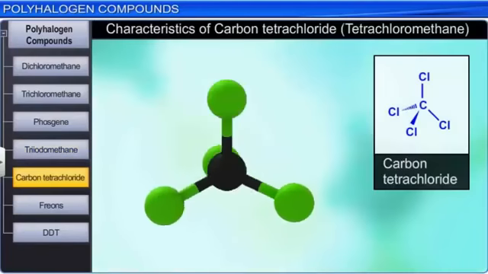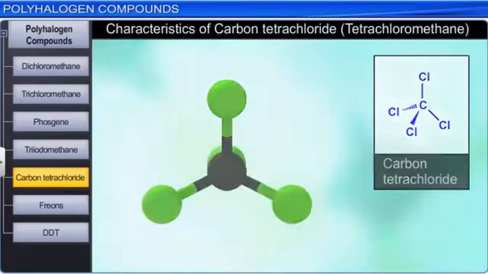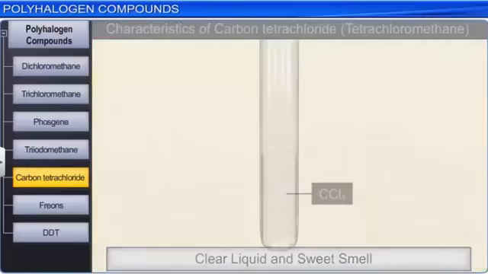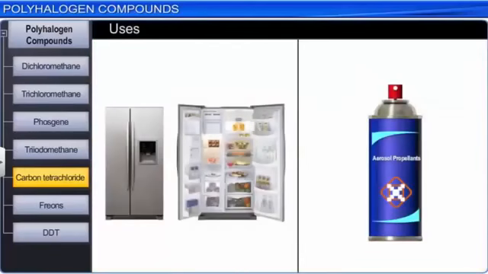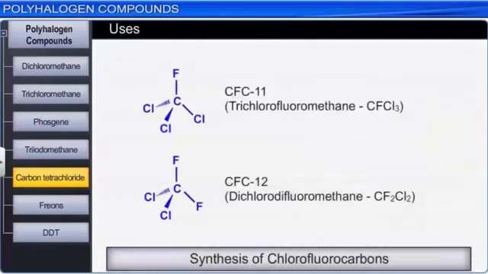Carbon tetrachloride, or tetrachloromethane, is a clear liquid with a sweet smell. Carbon tetrachloride has a variety of uses, including in the manufacture of refrigerants and aerosol propellants. It is used in the synthesis of chlorofluorocarbons. It is widely used as a solvent.